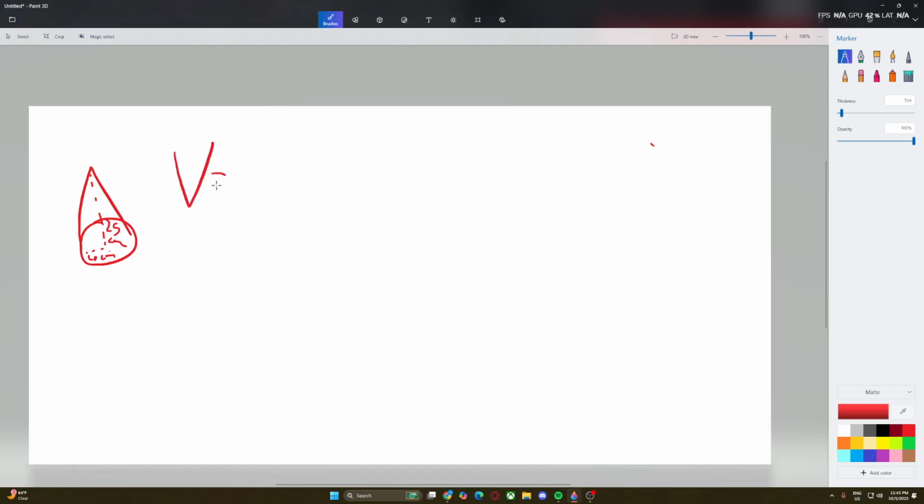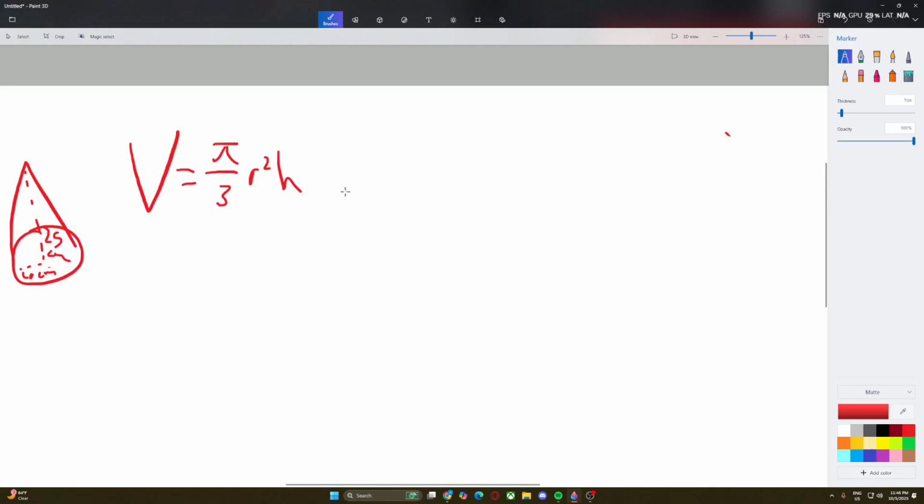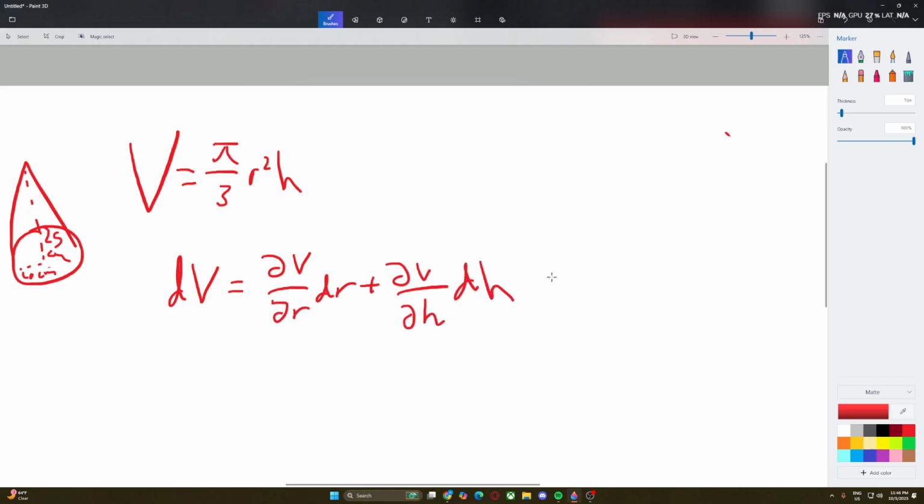So the volume of this is pi over 3 r squared h. And the differential, or whatever it's called, dV is equal to partial V partial r dr plus partial V partial h dh.